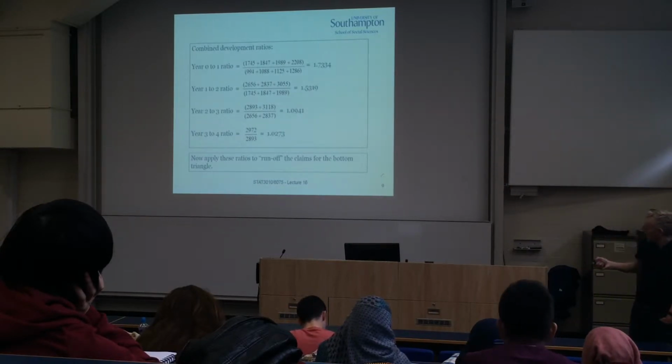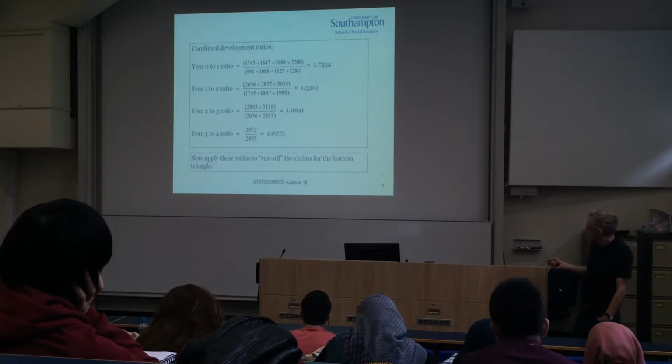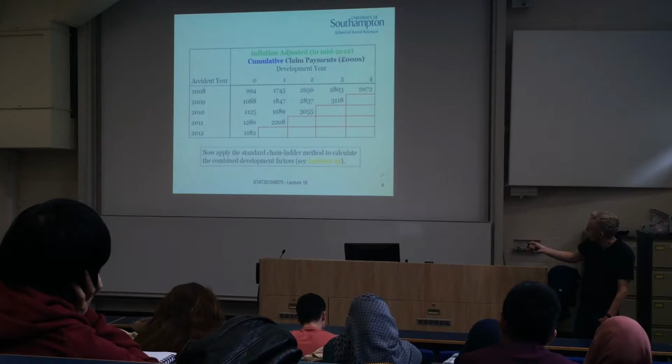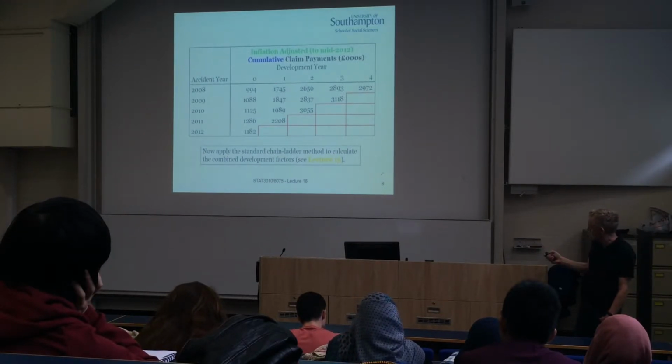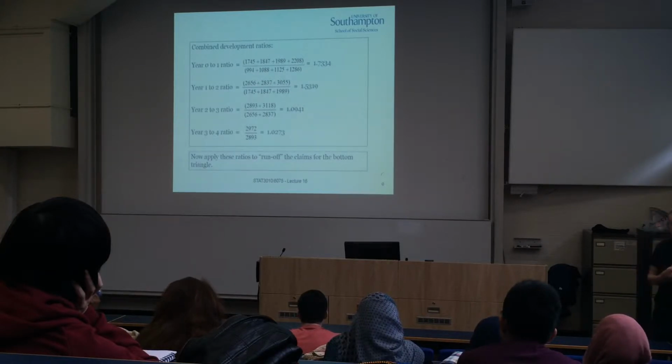Similarly for the development factor for year 1 to 2, we're pooling information across 2008 to 2010. 2656 plus 2837 plus 3055 divided by the sum of those three numbers will give you the year 1 to 2 development ratio, and so on.